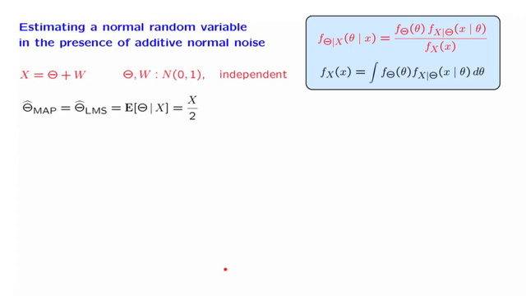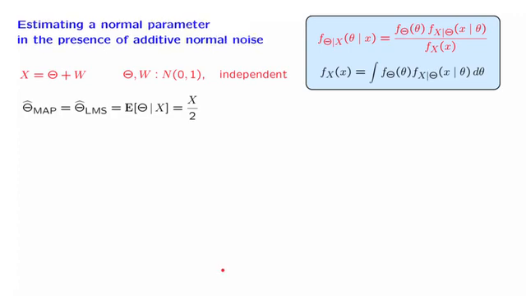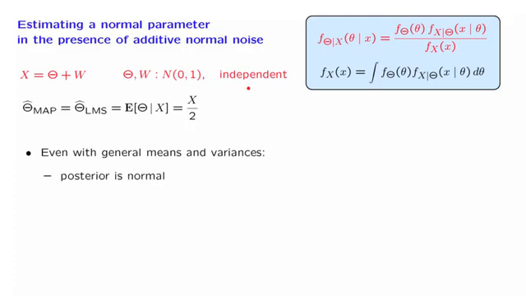How special is this example? It turns out that the same structure of the solution shows up even if we assume that theta and W are independent normal random variables, but with some general means and variances. You should be able to verify on your own by repeating the calculations that we just carried out that the posterior distribution of theta will still be normal, and since it is normal, the peak of the distribution is the same as the expected value, so the expected value or least mean squares estimator coincides with the maximum a posteriori probability estimator.